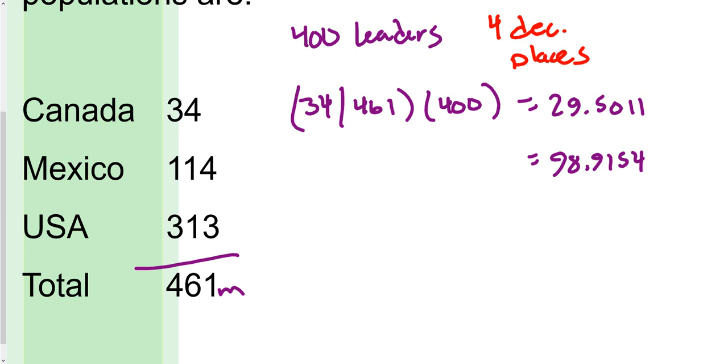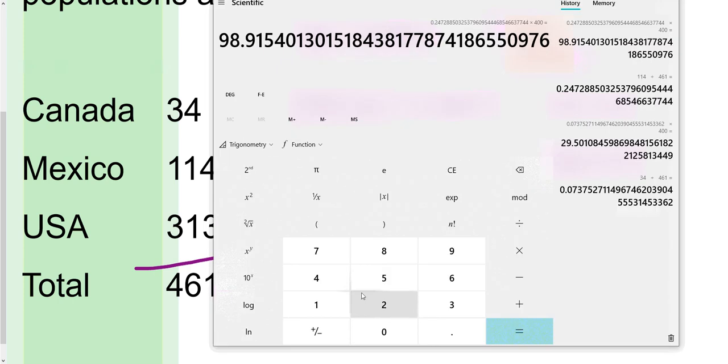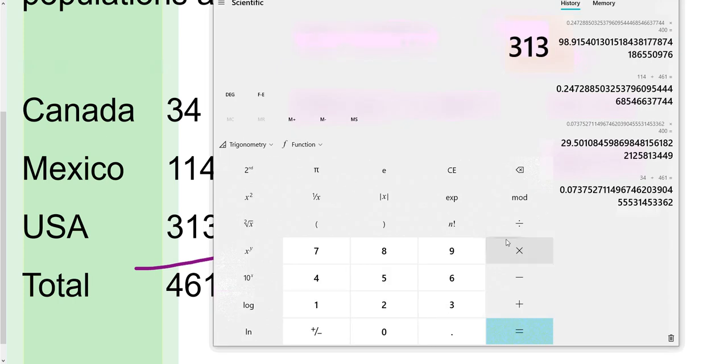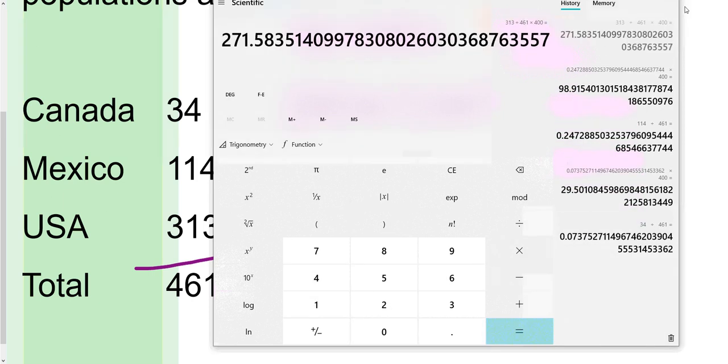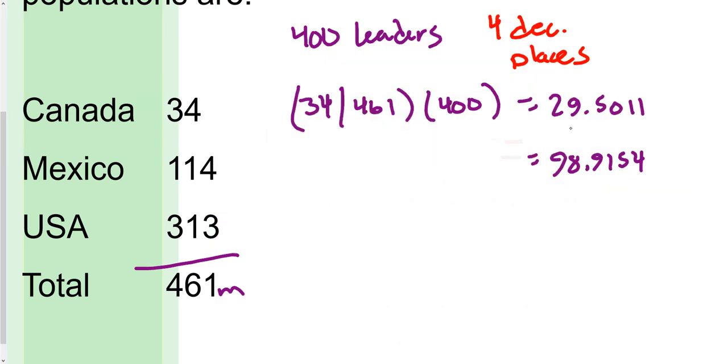And then for the USA, 313 divided by 461 times 400, and I get 271.5835.